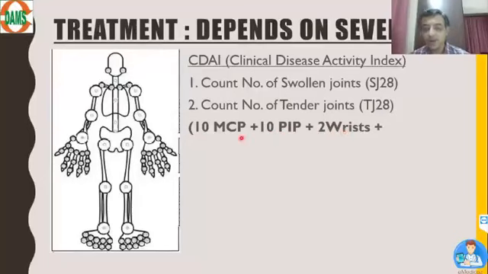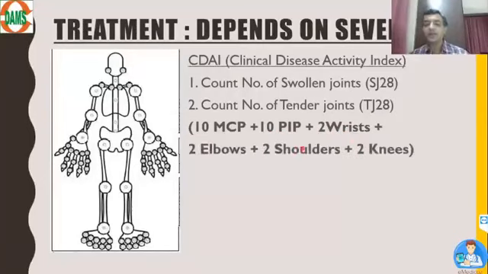So that is already 22. Along with that you count the 2 elbows, the 2 shoulders and the 2 knees. You have to check that out of these 28 joints, if any one is swollen, 1 point each. If any one is tender, 1 point each will be given in the score. So these are the 2 important steps you have to do.